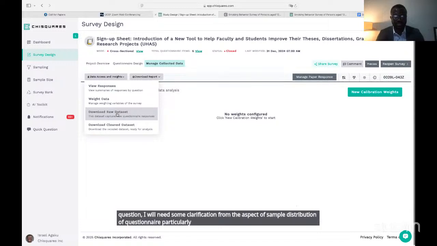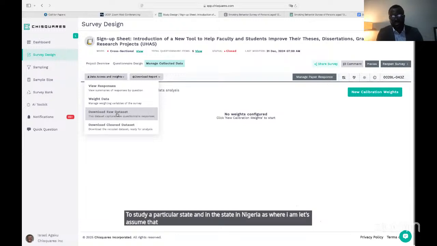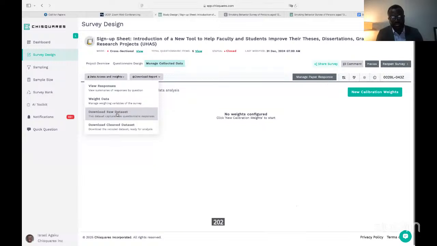Let's assume that I have a population to study a particular state in Nigeria, as where I am, let's assume Taraba State, and Taraba State has 16 local governments, and the population of 2023 registered voters, let me say 22,000 electorate registered.